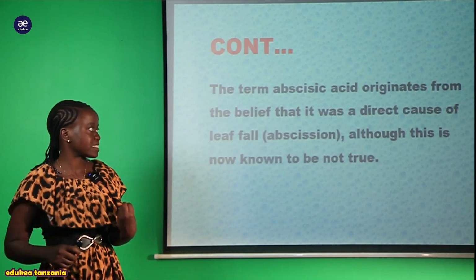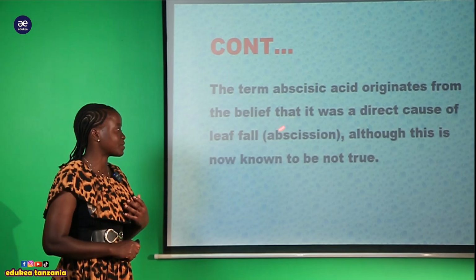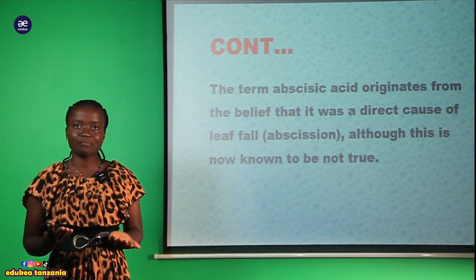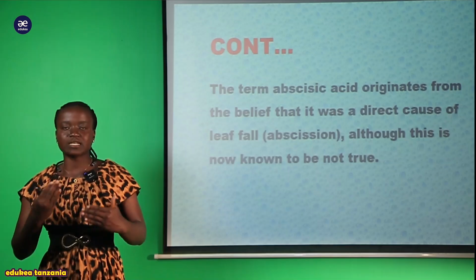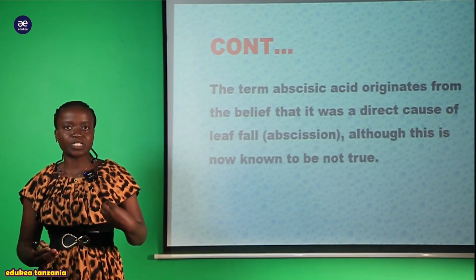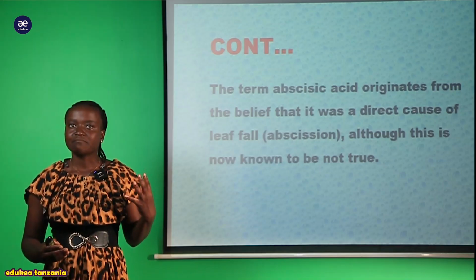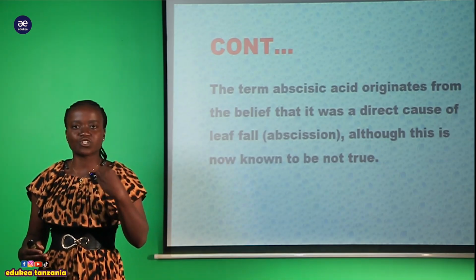And that's why we can say that this term, abscisic acid, originates from the belief that walikuwa wanaamini kwamba abscisic acid ndiyo hormone inayosababisha majani yaanguke chini, majani kwenye mti yaanguke chini kwa urahisi. But this abscisic acid does not function as that.